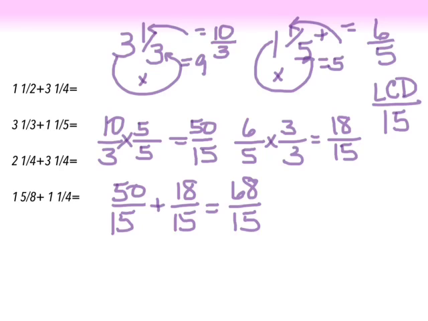Okay, 68/15. Are they both divisible by the same number? I don't believe so. I don't have a calculator. Is 68 bigger than 15? Yes. Well, so I got to figure it out.